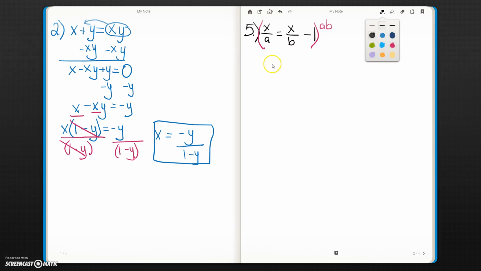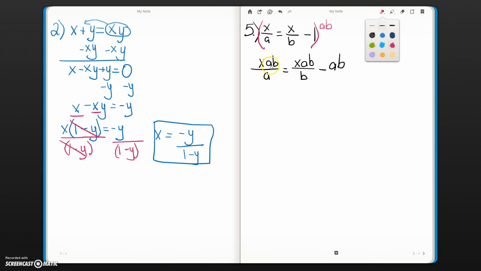So if you want to think about it like this, I'm going to end up with this: x a times b over a equals x a b over b minus 1 times ab is just ab.